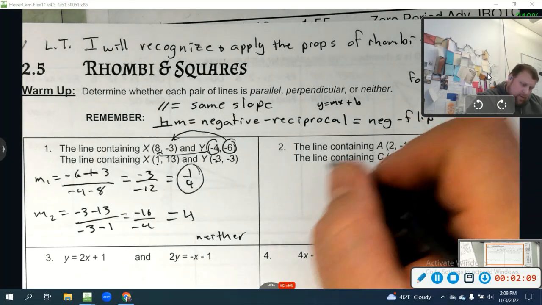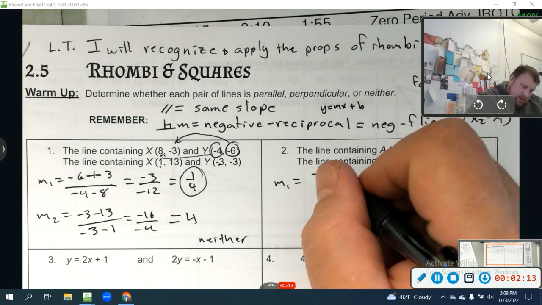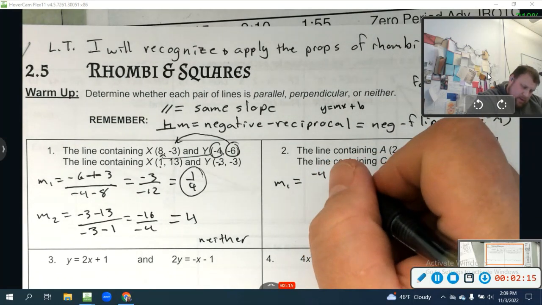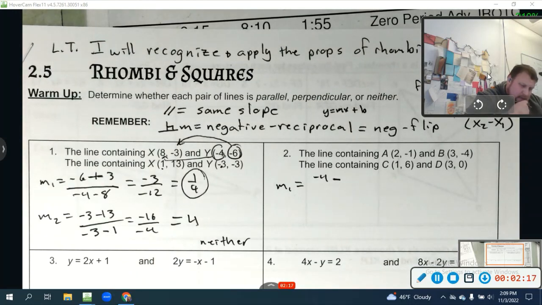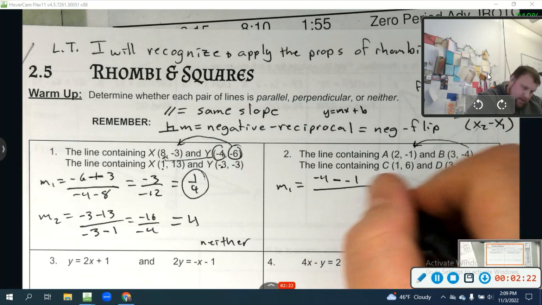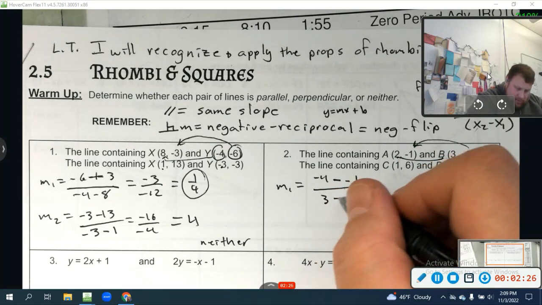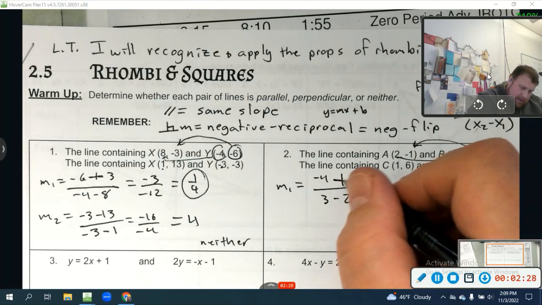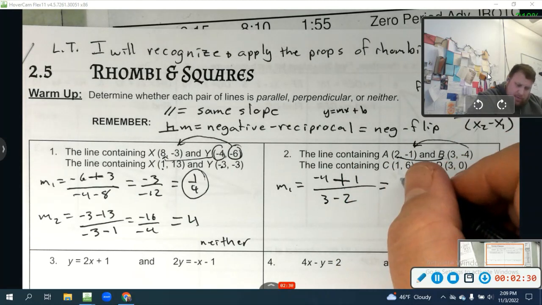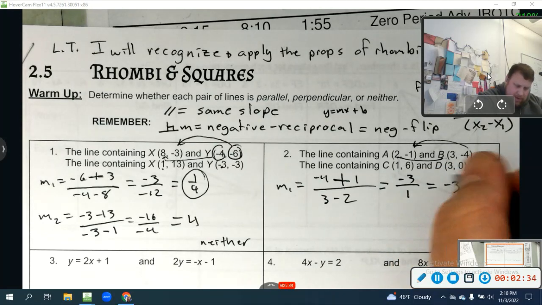We're going to do the same deal over here. M1 is equal to negative 4 minus, I'm going to point it back to here, negative 1, all over negative 3 minus 2. That becomes a plus. Negative 4 plus 1 is negative 3 over 3 minus 2 is 1, which equals negative 3.